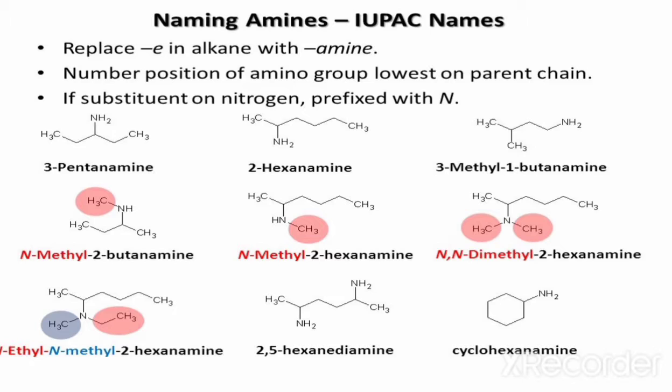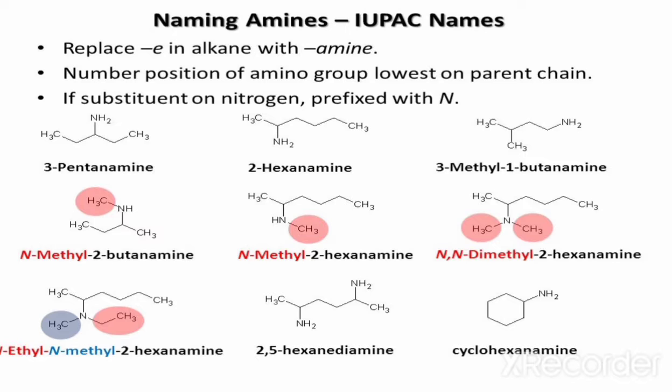The third example has a 4 carbon chain along with a substituent, so we write 3-methyl, because on the third carbon there is a methyl group attached, and at the first carbon position there is the amine group, so we will write it as 3-methyl-1-butaneamine.